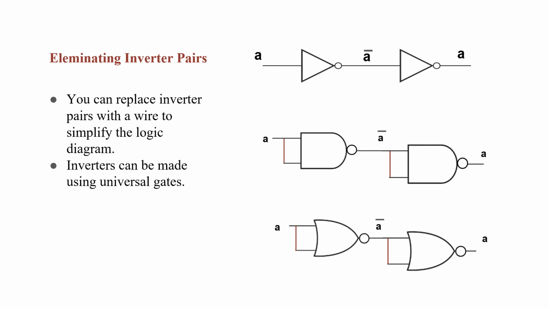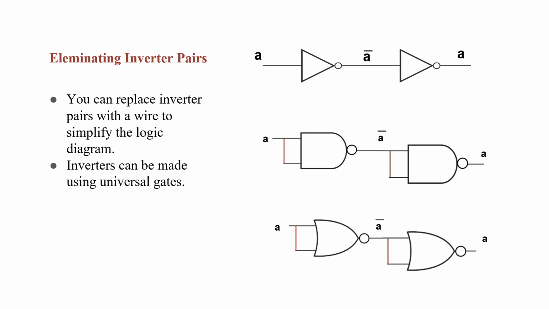To eliminate inverter pairs, you have to check whether our diagram has inverter pairs connected in cascade mode. Inverters, remember, can be expressed using NOT gates or NAND gates or NOR gates.